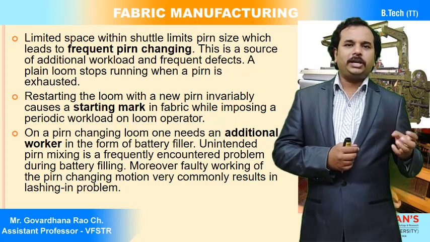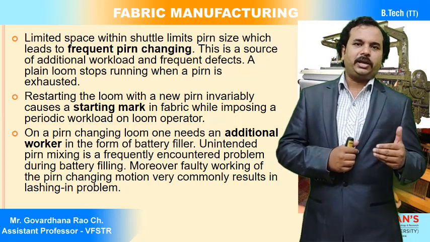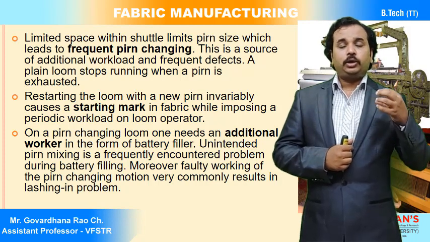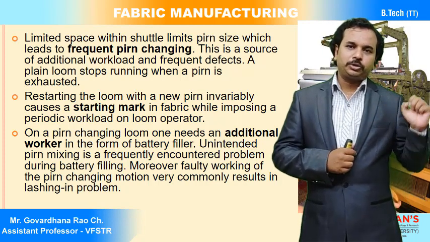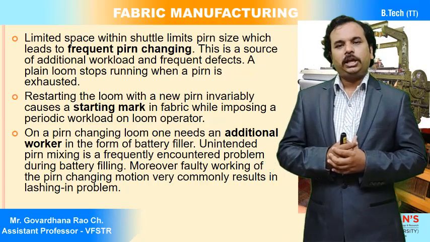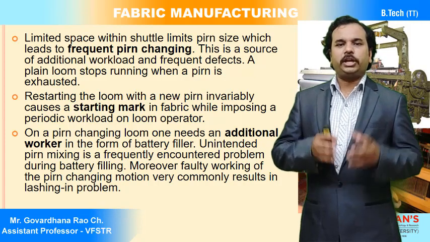When the pirn is exhausted, this mechanism will identify it and activate the pirn changing mechanism. Automatically the old pirn is pushed down and the new pirn is inserted in the shuttle. So small adjustments are required in the case of the shuttle also.